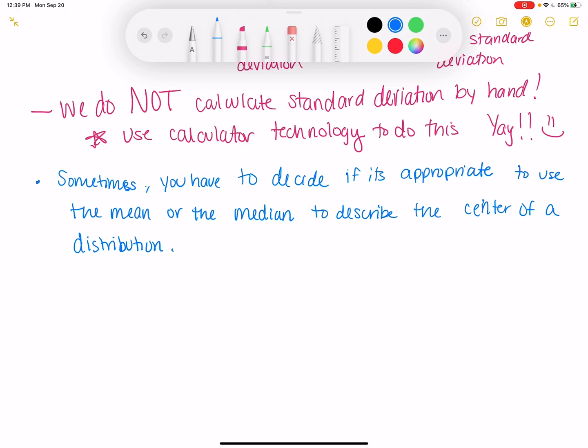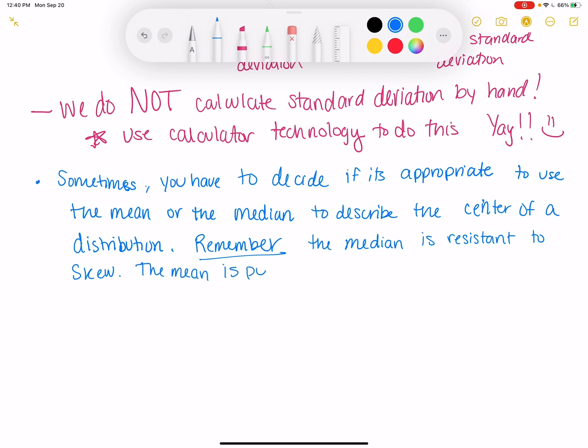So we have to remember the median is resistant to the skew. The mean is pulled in the direction of the skew.